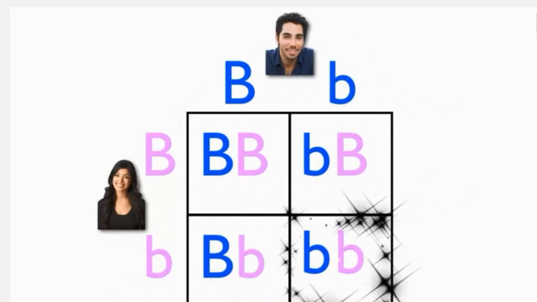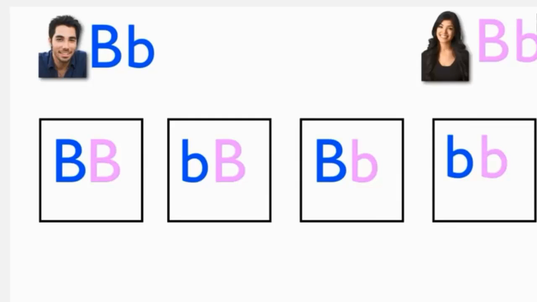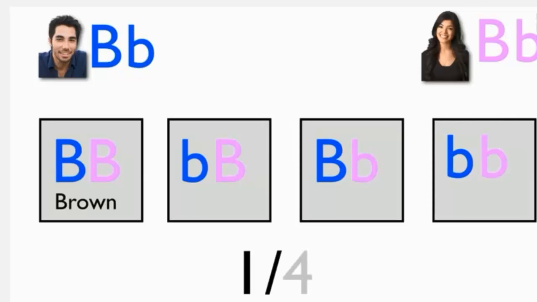Each square represents the set of genes that the baby could inherit. If we look at the four squares created by the Punnett square, we can see that out of 1, 2, 3, 4 squares, 1, 2, 3 of them will be brown hair.